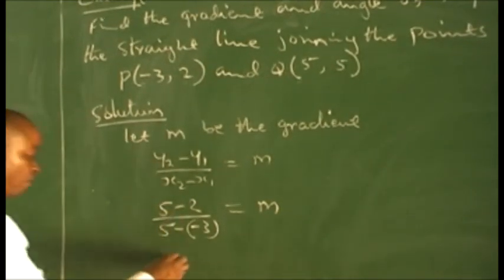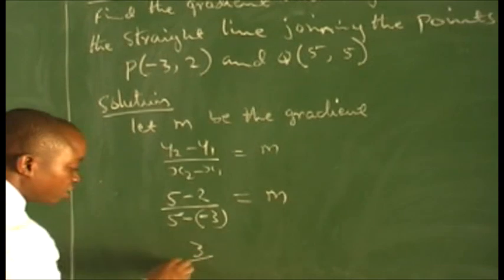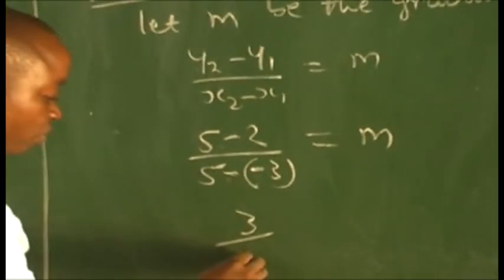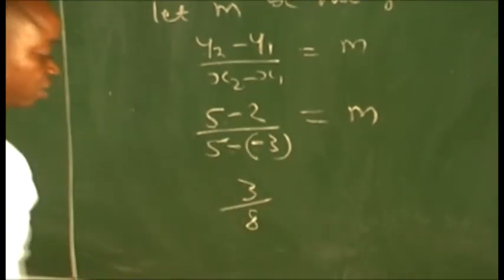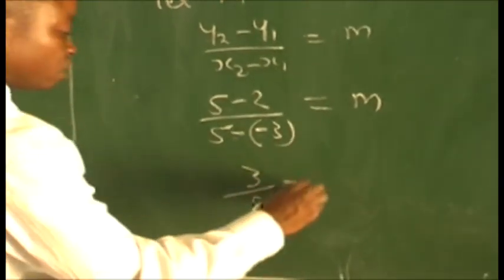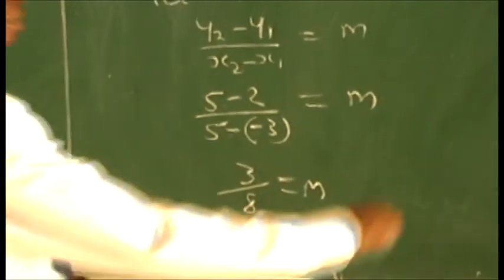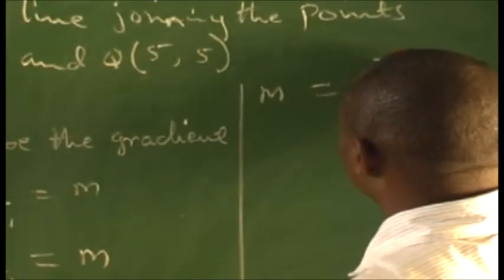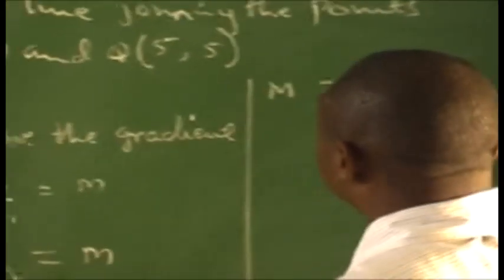So here what we have is 3 all over 5 minus minus 3. The minus times minus will give us plus, so what we have is 8. So it means that m, the gradient, is equal to 3 all over 8.